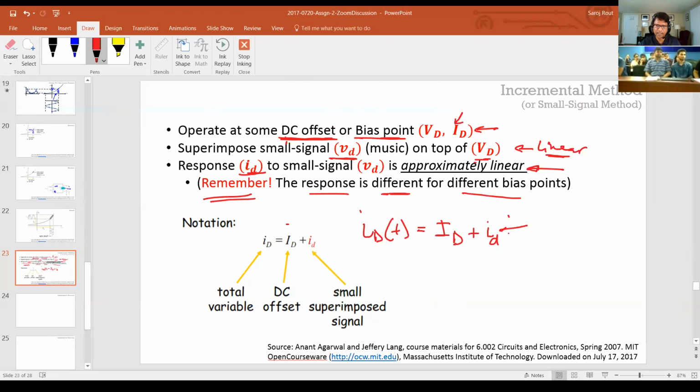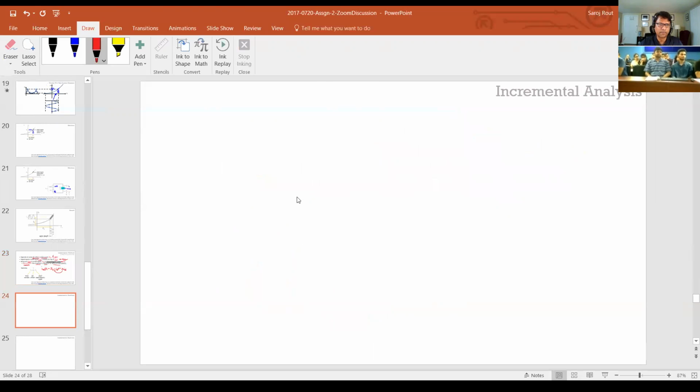And when we are doing math, I'm going to write this as delta ID, just to show that it's an increment above this ID. Because it's a nonlinear circuit, ID is a nonlinear function of the voltage which is applied across it, in our case the diode, right? So this is a nonlinear function.